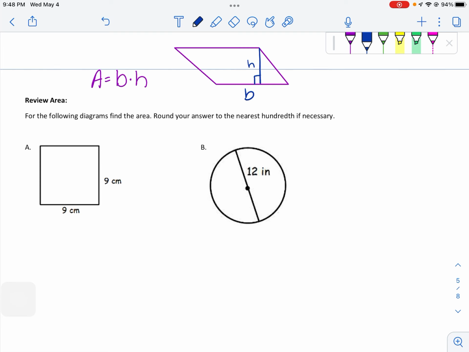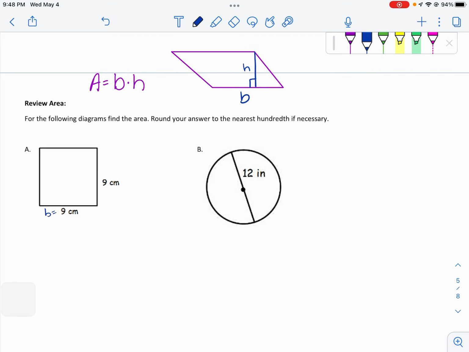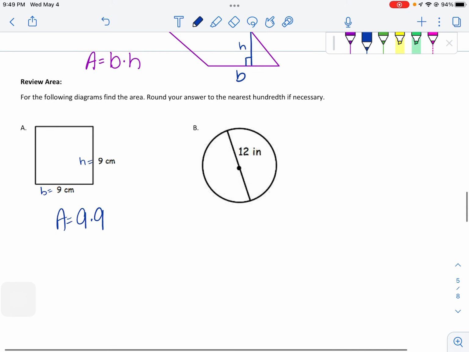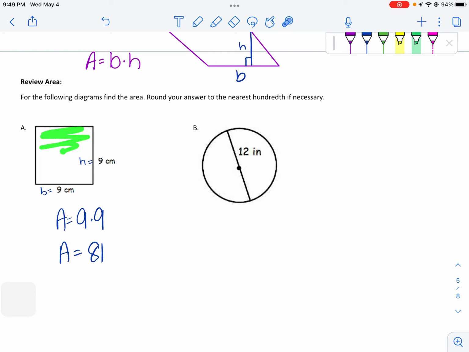For a square, the base here is 9, and the height is also 9 because squares have the same side lengths. So to find the area of the square, we would do 9 times 9, and that would be 81. Since it is area, we are measuring the inside, and this is like having 9 by 9, so it's measured in square centimeters.